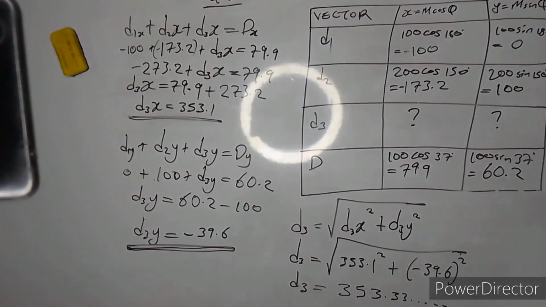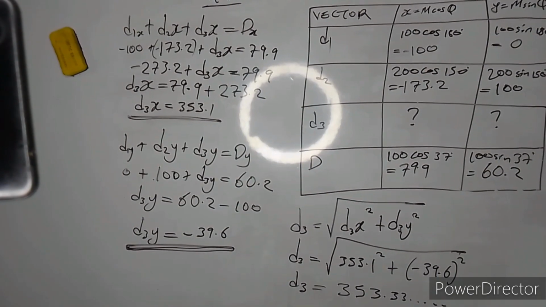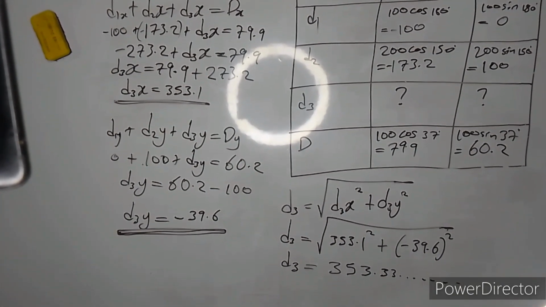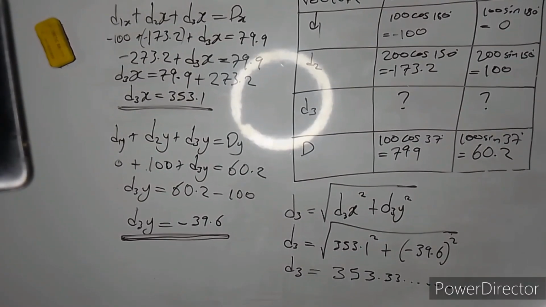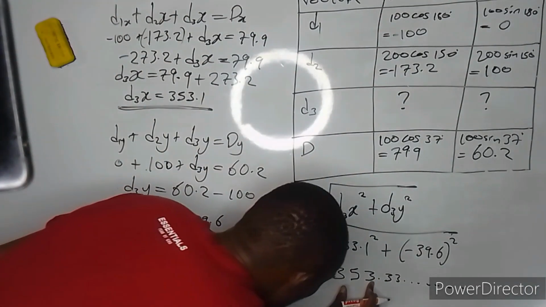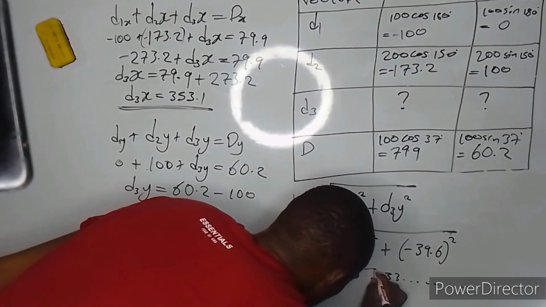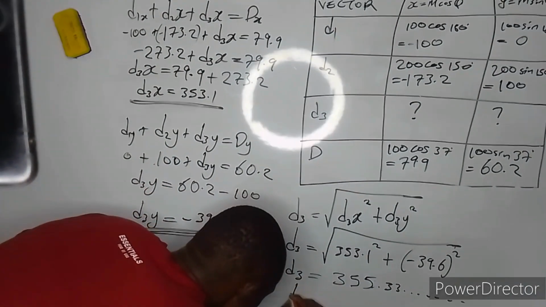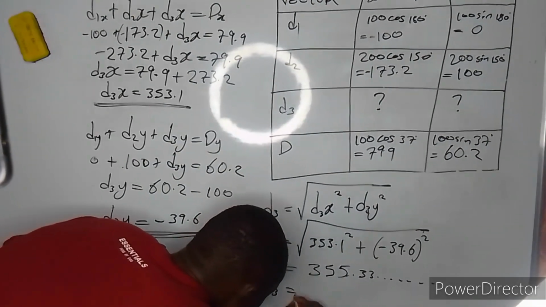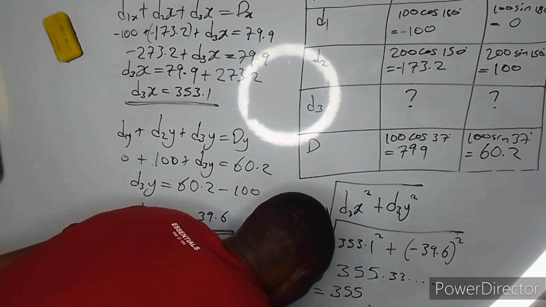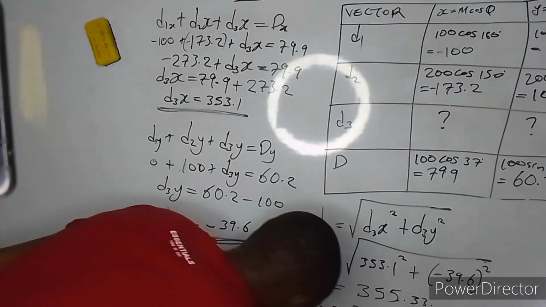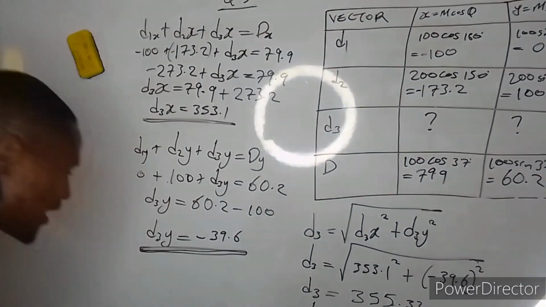Therefore, what will be our conclusion? Our conclusion is D3 is equal to 355 as the magnitude. Then let's go to the direction.